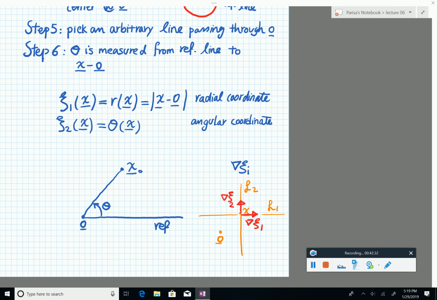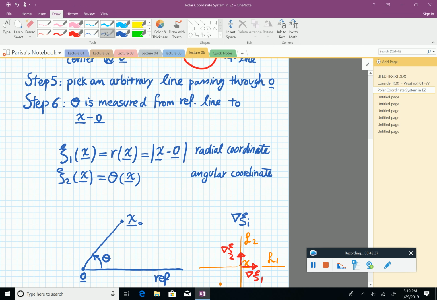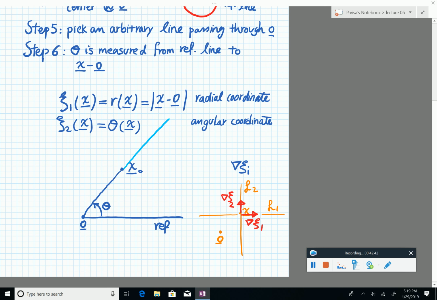It's just a straight line, right? Any point you take on L1 has exactly the same theta as x0.